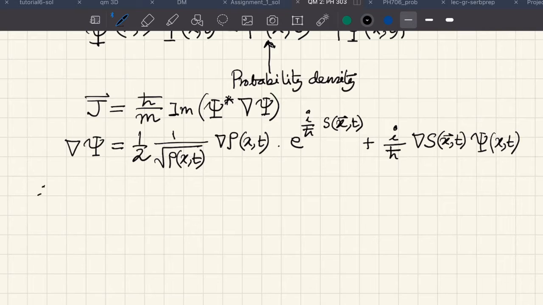If we calculate psi star times grad psi, this gives me half, and then we have the gradient of rho of x,t. Psi star will have 1 over square root rho of x,t, which will cancel with this square root of rho, and the phase factor e to the minus iS by h bar will cancel the other one.